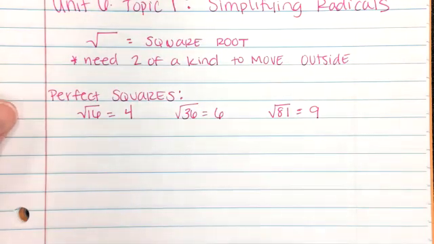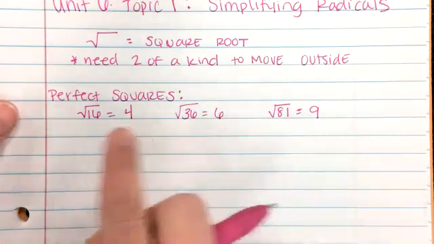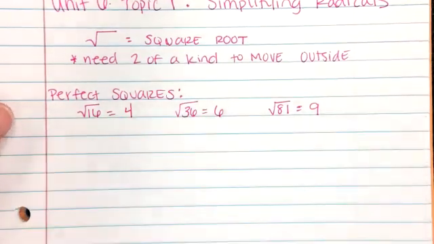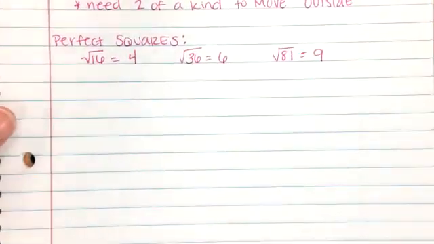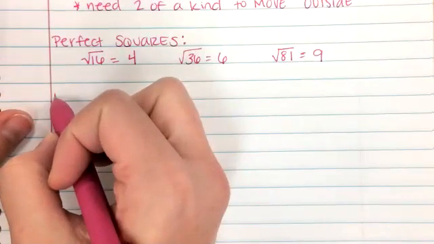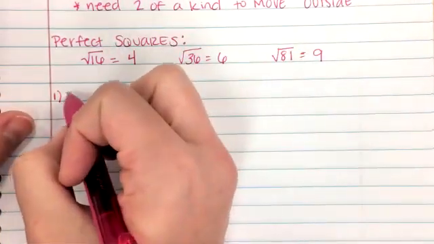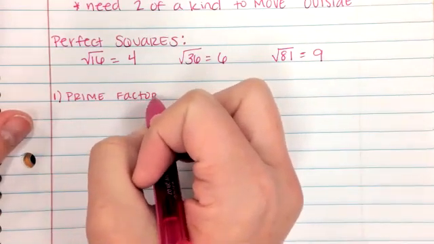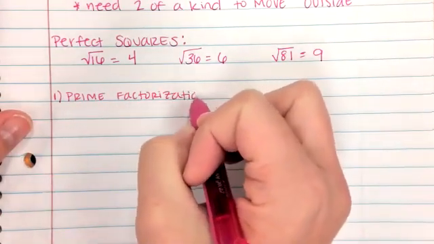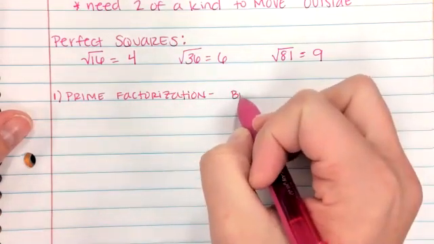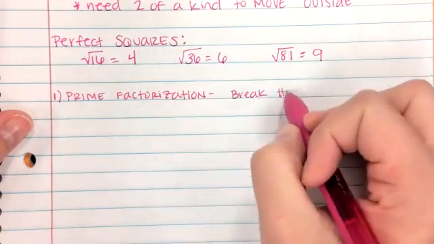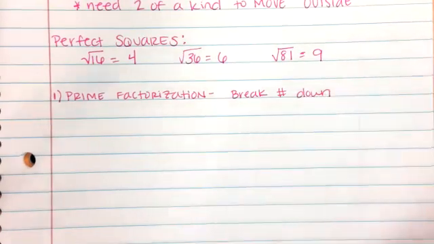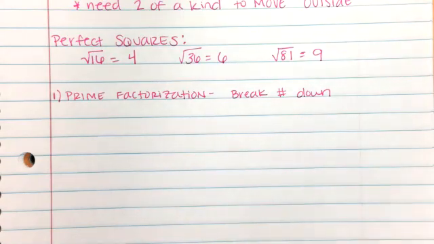So I'm going to teach you how to do this without knowing your perfect squares. If you know your perfect squares, it makes it easier, okay? So there's 3 steps. Step number 1 is called prime factorization. Prime factorization means I'm breaking numbers down as small as they go. So you want to think of numbers like 2, 3, 5, really small numbers, okay?